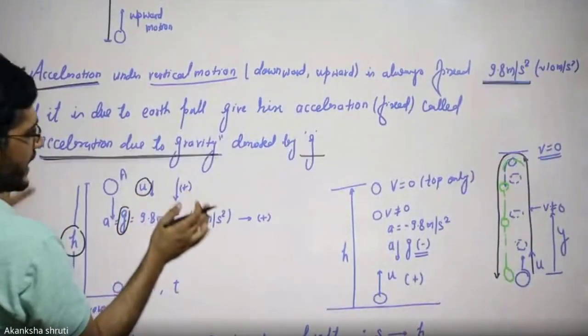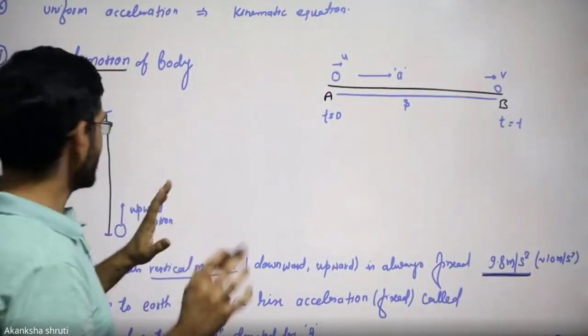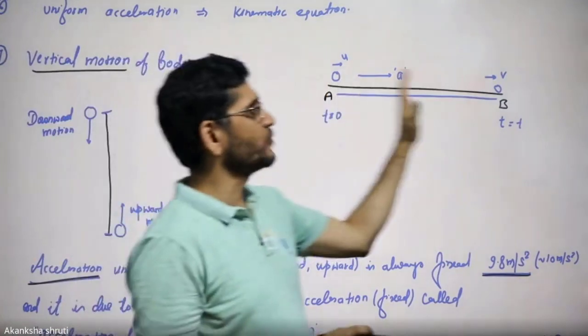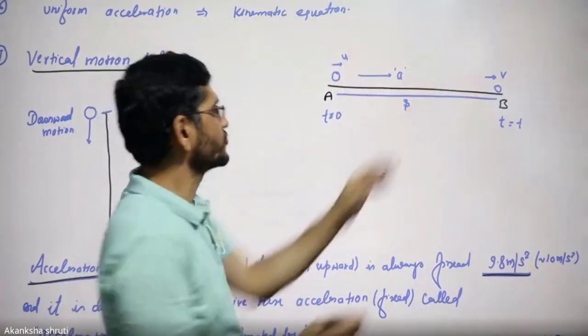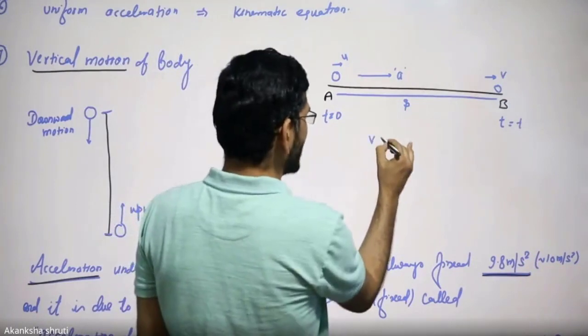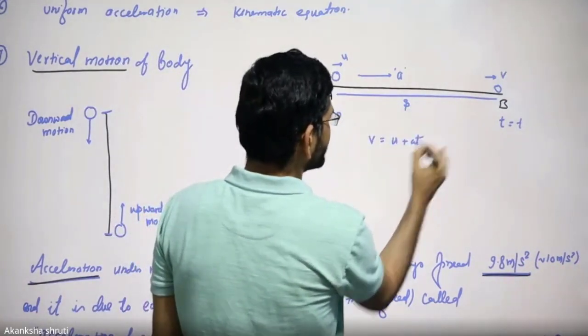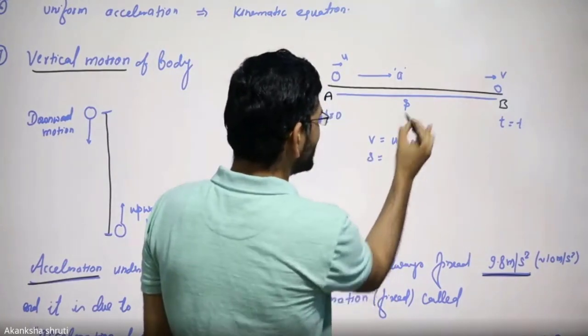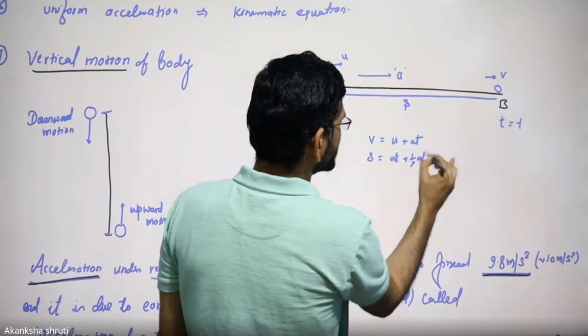Now students, for vertical motion we have understood this thing. Let me summarize. For horizontal motion the body starts with u, and the kinematic equation that we write is v is equal to u plus at. The displacement s is ut plus half at square.